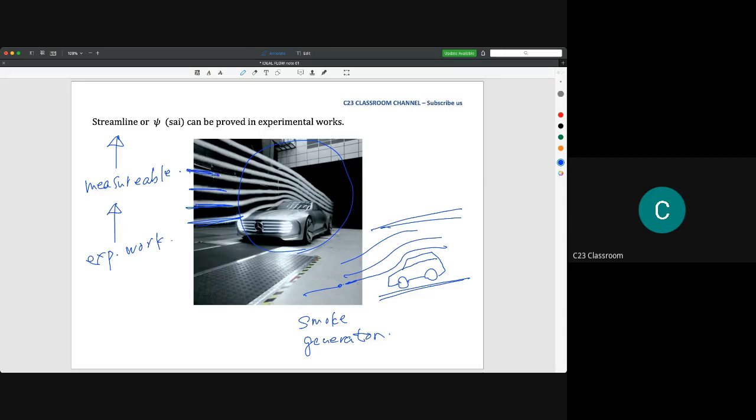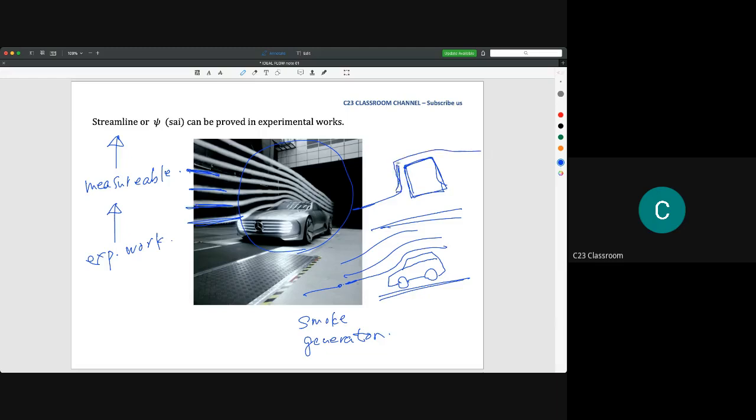That's why if you read about a sport car, they will say that it has a streamline design and so on, because it shows that the design of that car will give you a curved line, a very smooth movement. If, let's say, you have a box, a square object here, the streamline will need to move like this.